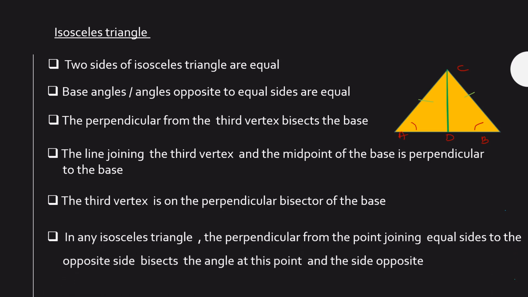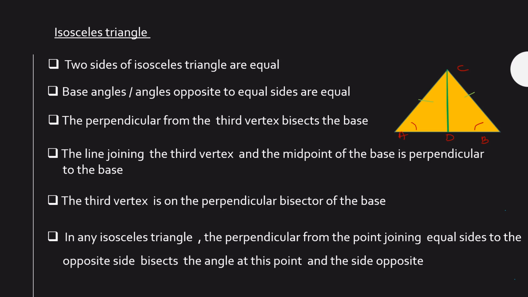Last and the important feature is in any isosceles triangle, the perpendicular from the point joining equal sides to the opposite side bisects the angle at this point and the side opposite. Here it means that we have drawn a perpendicular CD, isn't it? Which is perpendicular to AB.